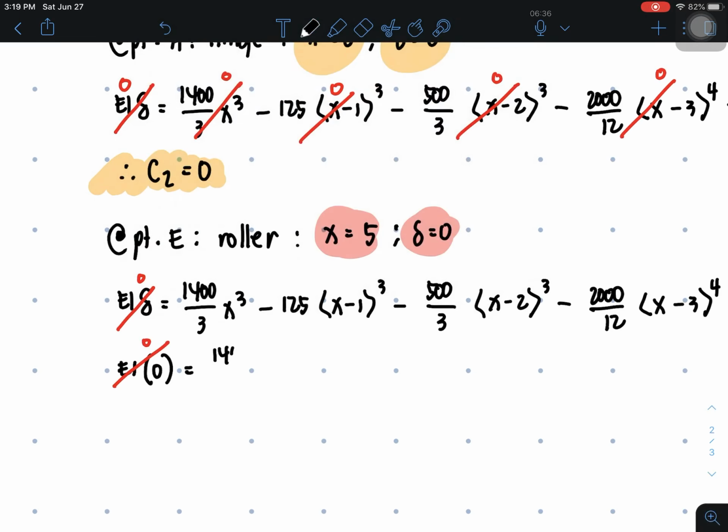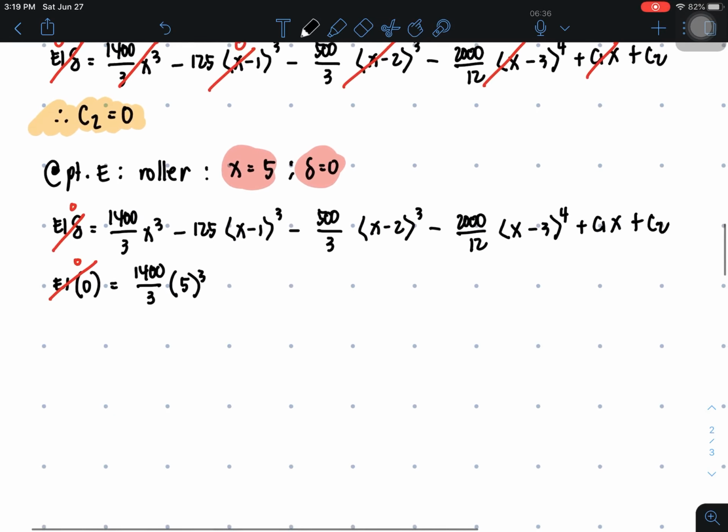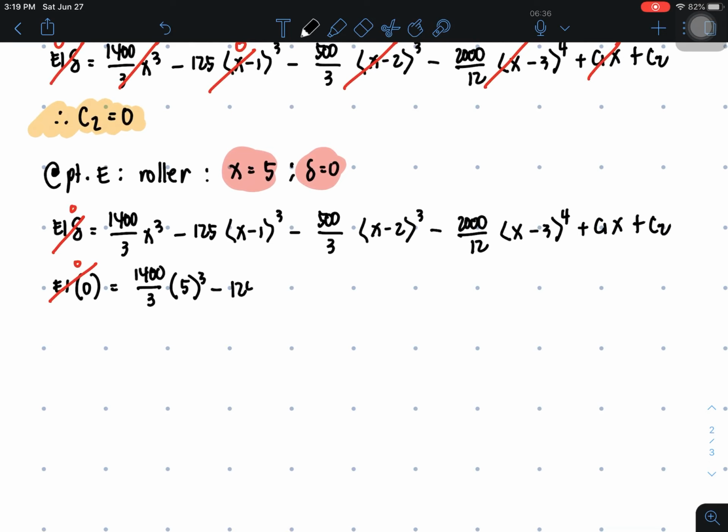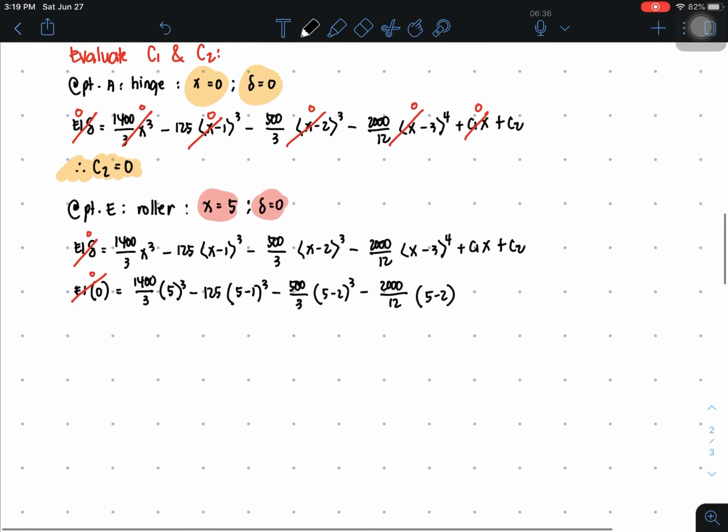Then that's equal to 1400 over 3 times 5 cubed, minus 125 times 5 minus 1 cubed, minus 500 over 3 times 5 minus 2 cubed, minus 2000 over 12 times 5 minus 3, plus C1, which is unknown, times 5. Then C2 is 0. So, let's simplify.